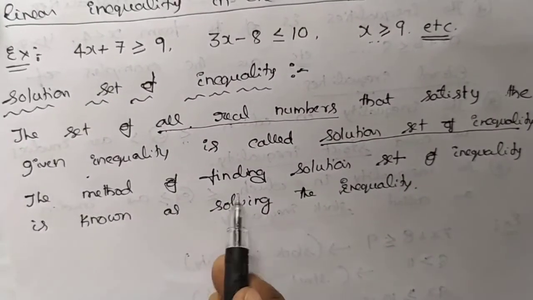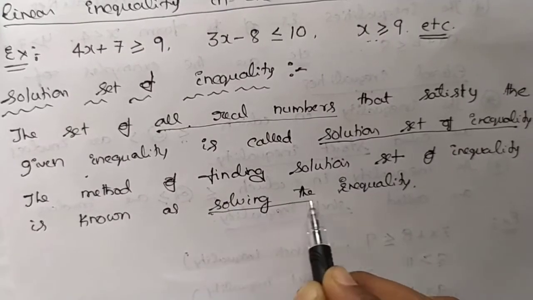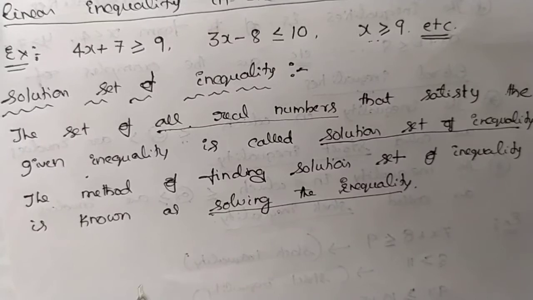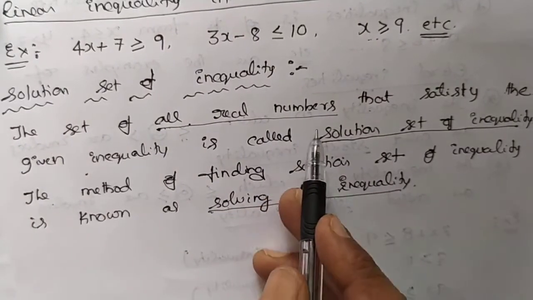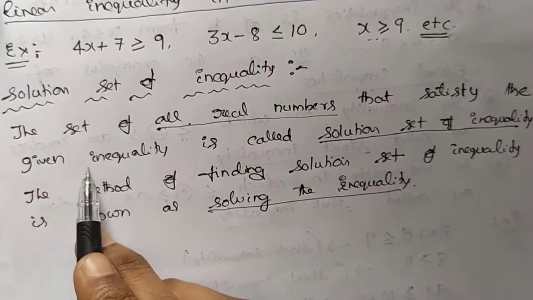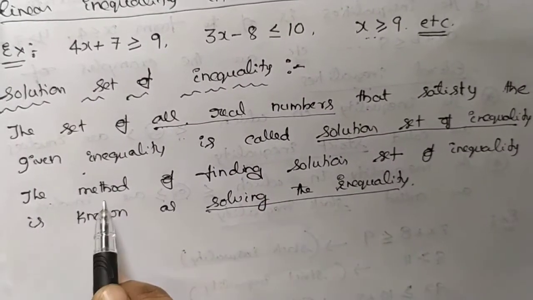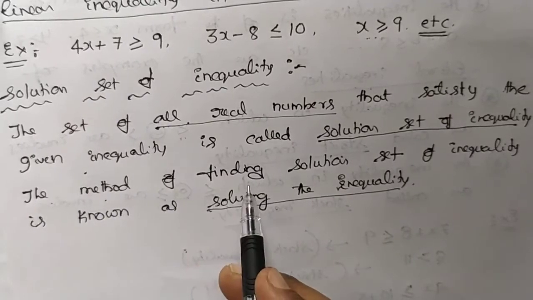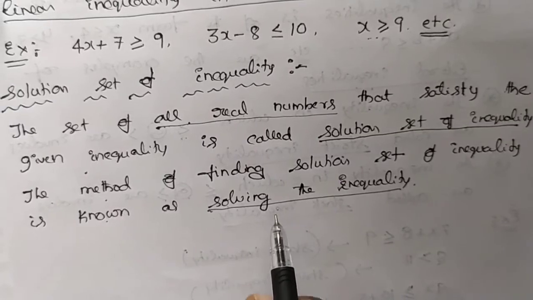Next, the method of finding the solution set of inequality is known as solving the inequality. Once again, the set of all real numbers that satisfy the given inequality is called solution set of inequality. The method of finding the solution set is known as solving the inequality.